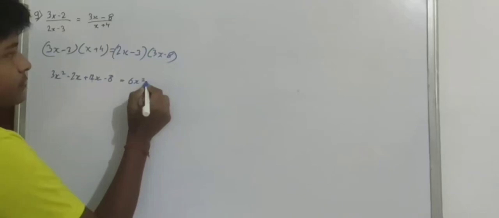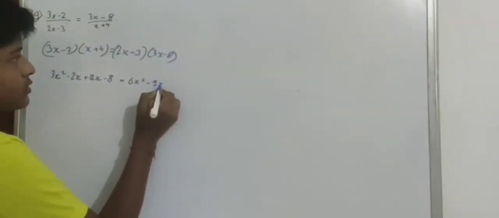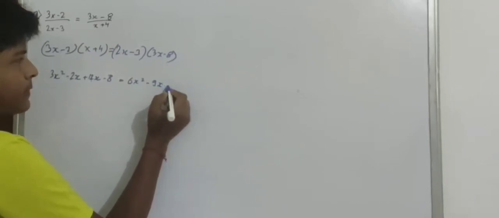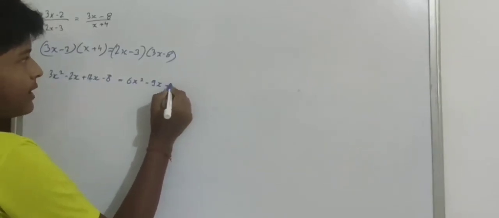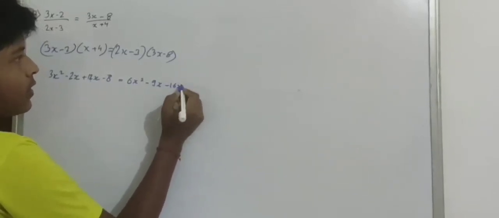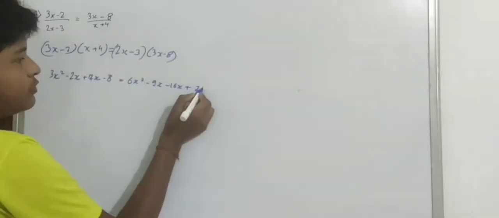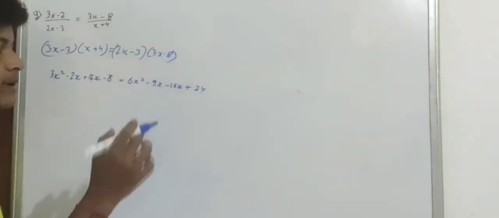Now this side, 6x square minus 9x, now minus 16x and plus 24, because these two signs are positive and negative, so minus is plus.